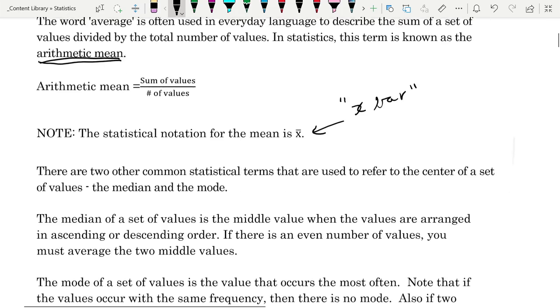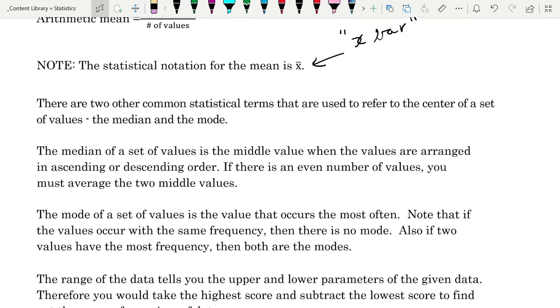There are two other common statistical terms that are used to refer to the center of a set of values, and again, both of these could also be used as averages. The median and the mode. The median of a set of values is the middle value when the values are arranged in ascending order, that means from smallest to biggest, or descending order, from biggest to smallest.